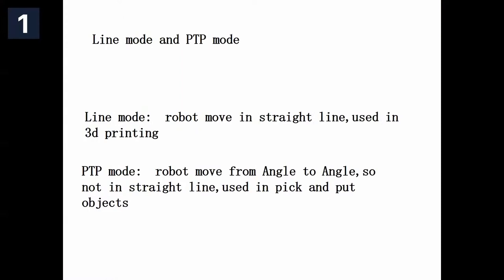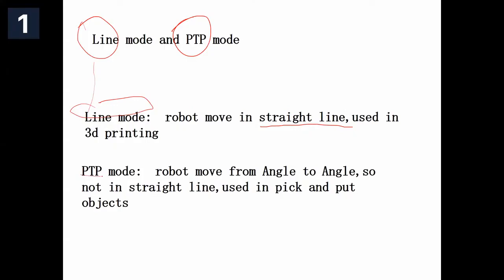In robot programs, there are two modes. One is line mode and another is P2P mode. The line mode is where robots move in a straight line.